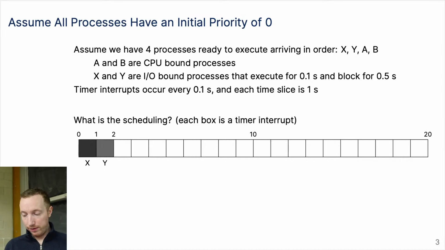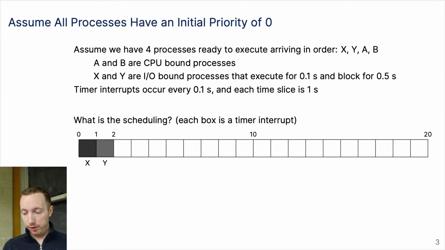The 0.5 seconds comes into play once we add it back to the ready queue and can schedule it again. For now it just executes for 0.1 seconds and then takes 0.5 seconds. So whenever we start executing timer interrupt 6, at about 0.6 seconds, process X will be ready again.